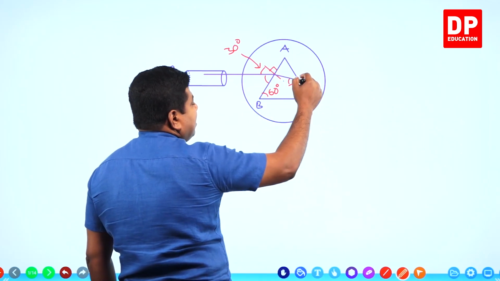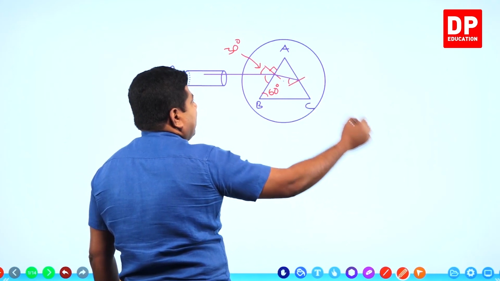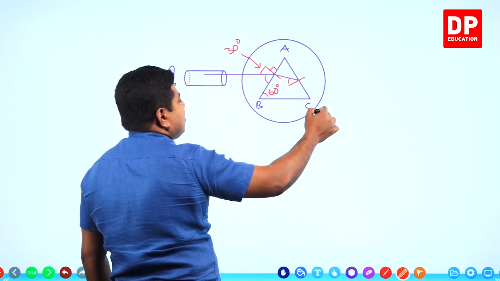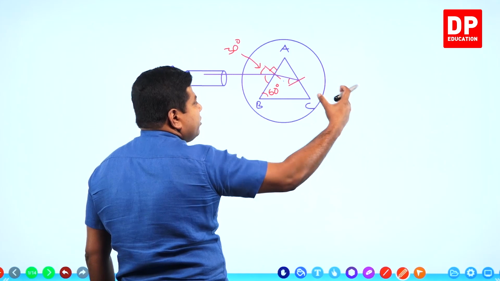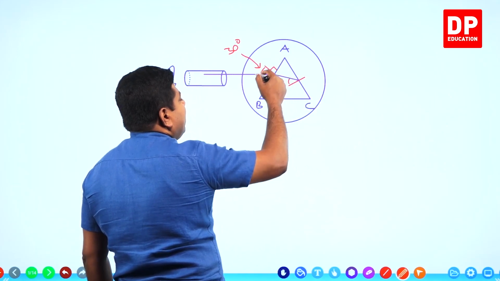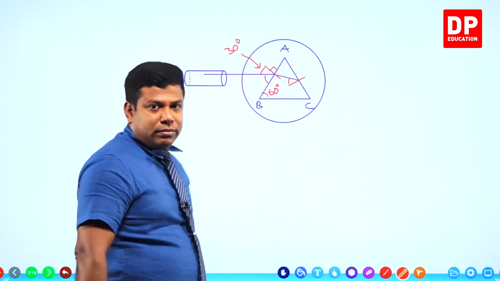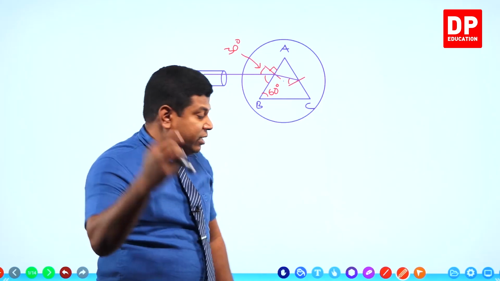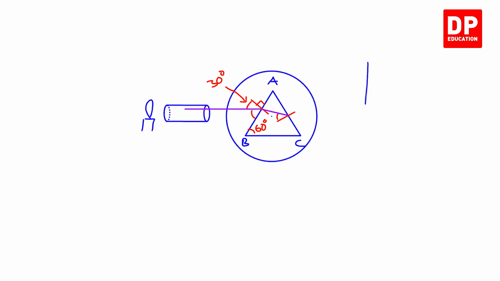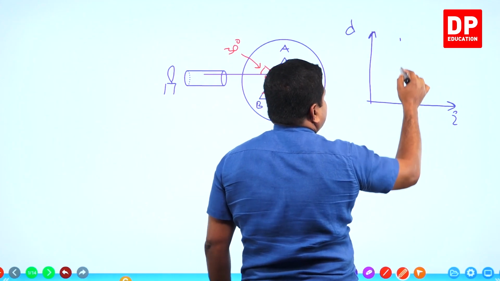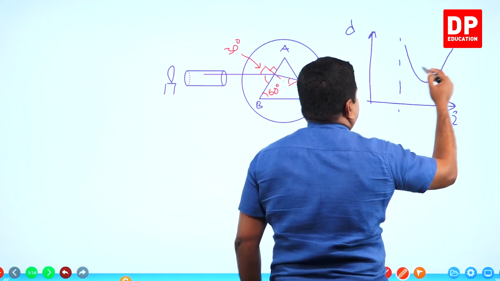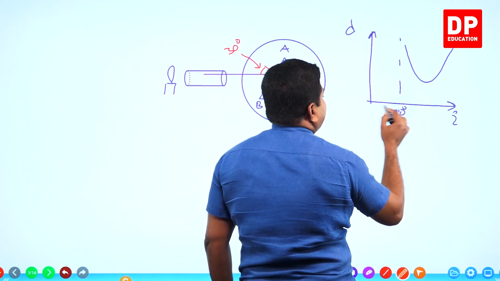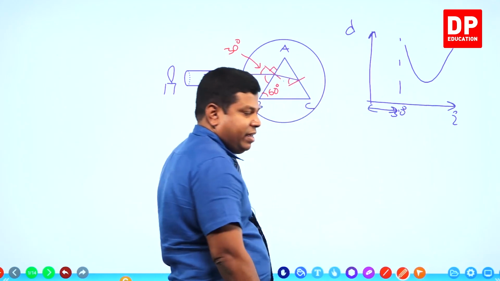Therefore, if we want to see the ray on the other side, from this AC surface, if we have to see the emergent ray, this angle has to be above 30 degree. You remember in the minimum deviation curve, we studied a curve like this, I, D. We started the curve somewhere here. We said up to 30 degree, the graph will not exist.